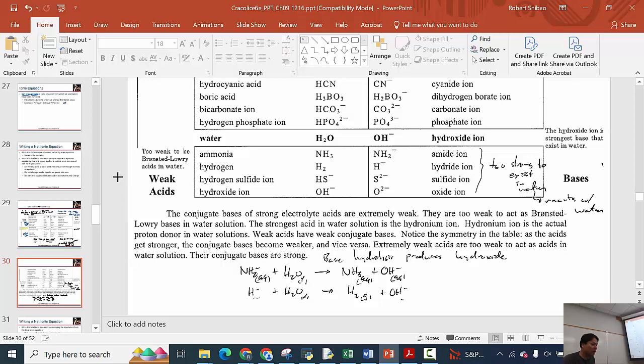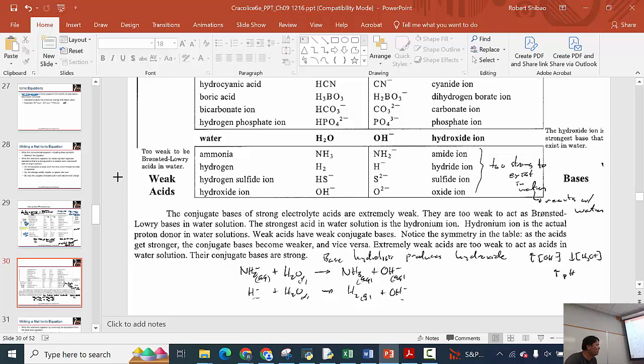The hydroxide is known as base because it has a countering effect to hydronium. So for example, if the hydroxide increases in water, the hydronium decreases. If the hydronium decreases, the pH goes up.